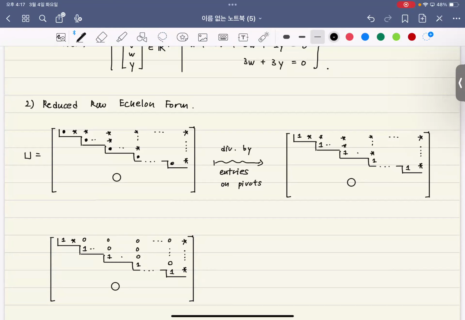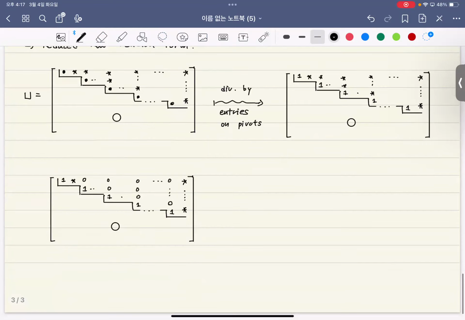All these entries above the pivot are now 0. This matrix, which I'm going to call R, is a reduced row echelon matrix or reduced row echelon form of A, or sometimes RREF of A.